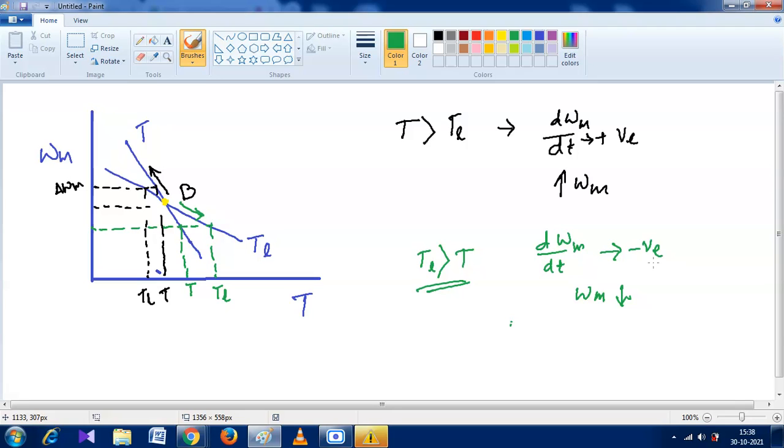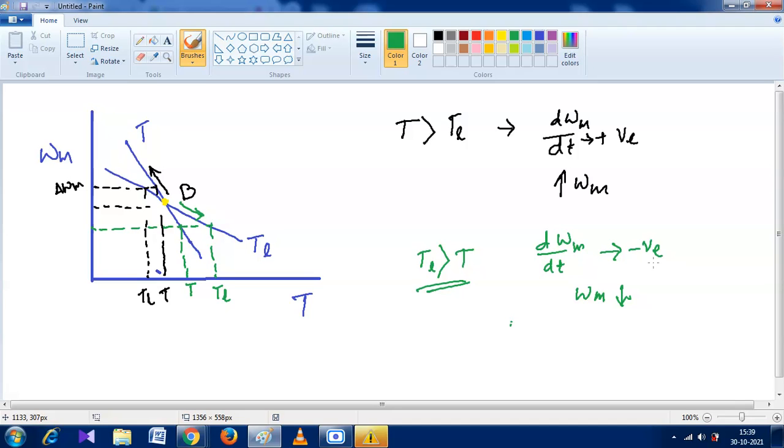Not going means the operating point goes away from B. So now tell me, is B a stable point or unstable point? Unstable. That means B is an unstable equilibrium point. अभी ये समझ में आया आपको?